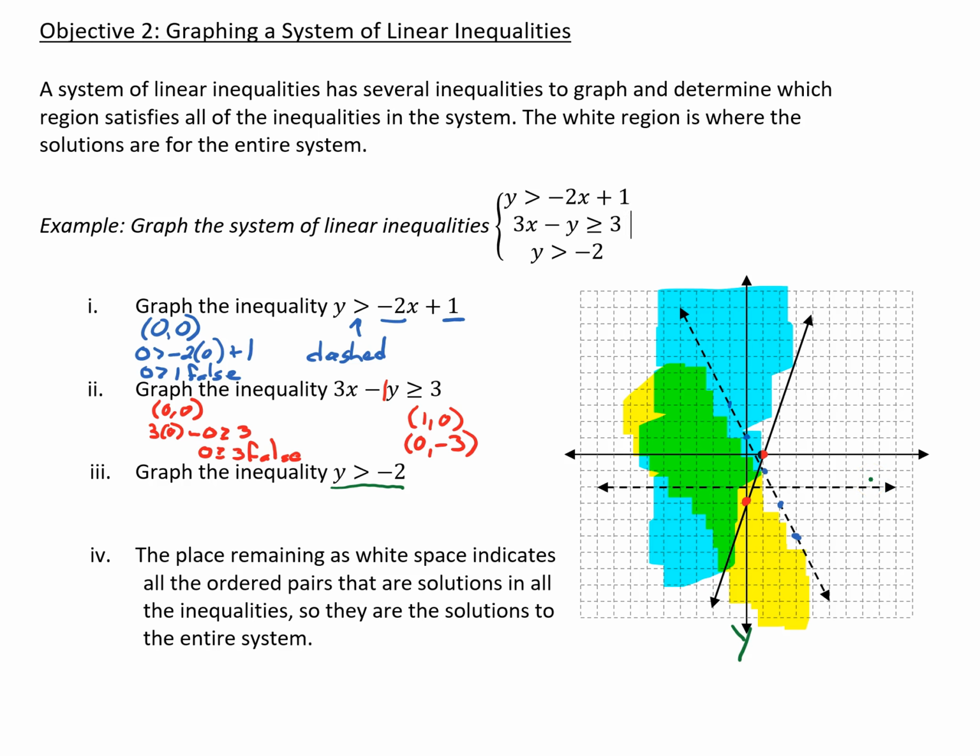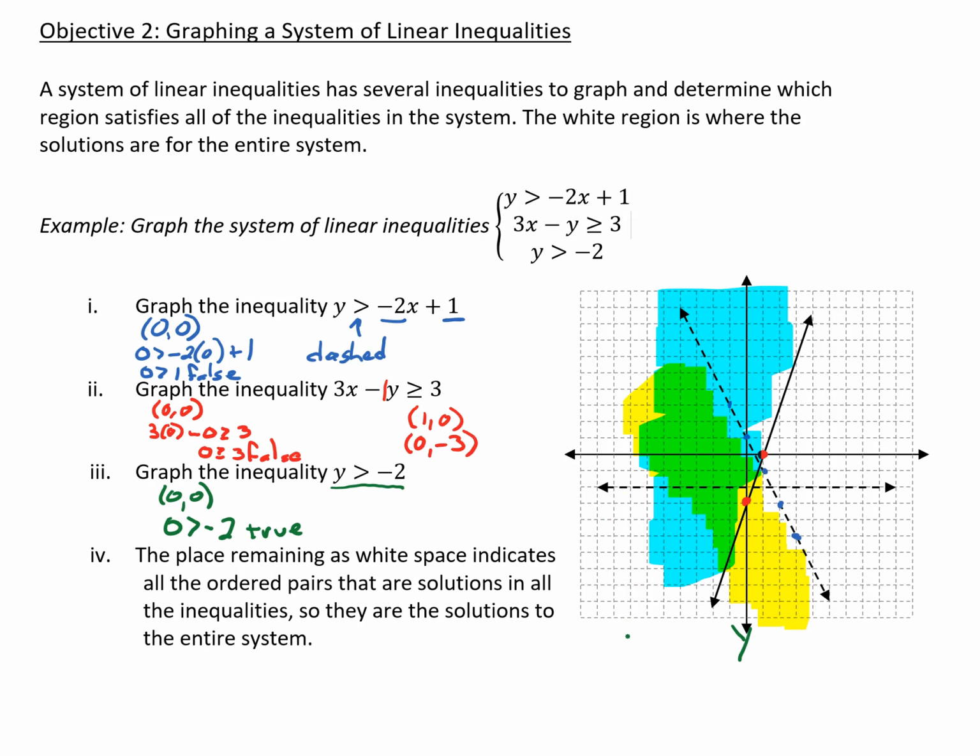I can either use the test point of 0, 0 and substitute 0 in for y and find out that it is true, which would tell me that I need to shade not where 0, 0 is, because I want to shade where things are false. I would shade below that horizontal dotted line.